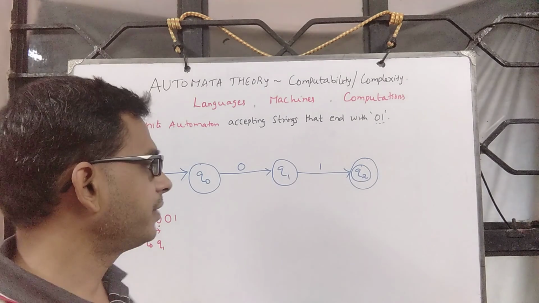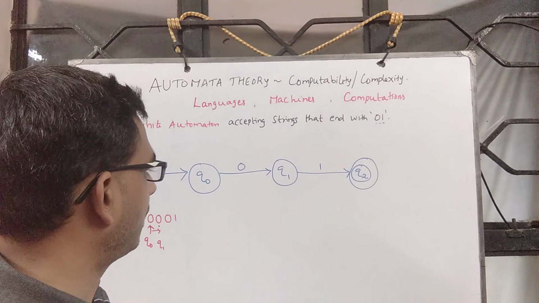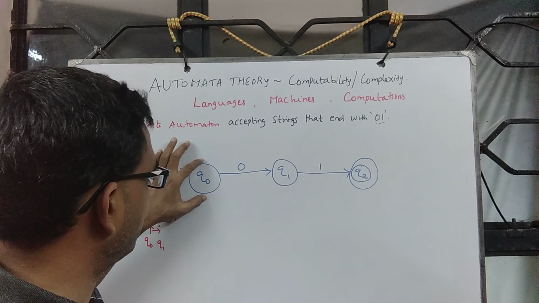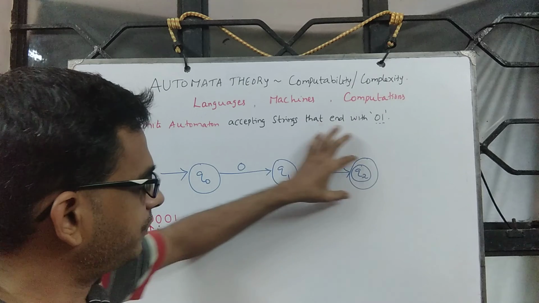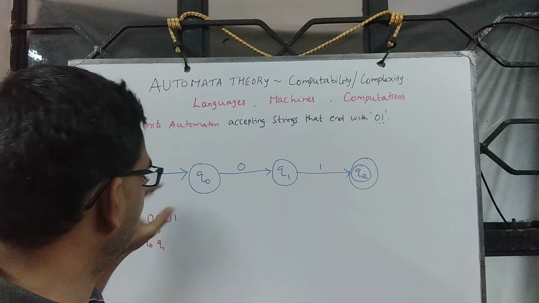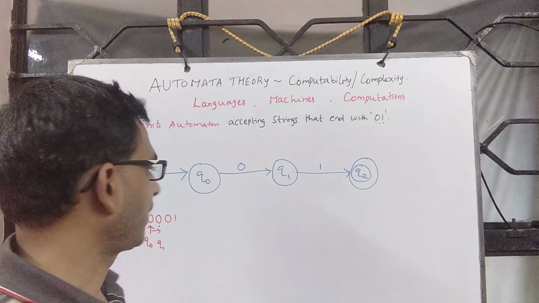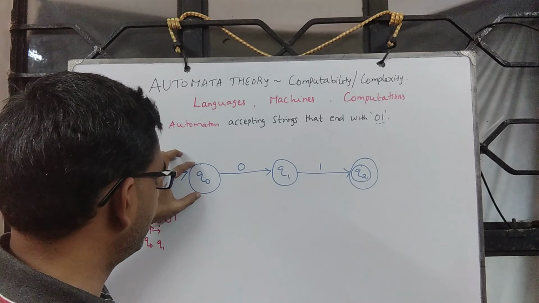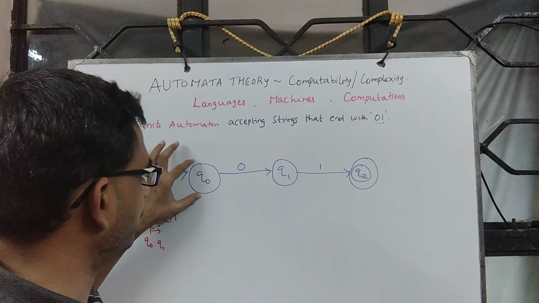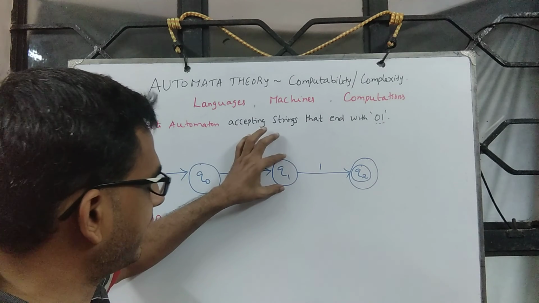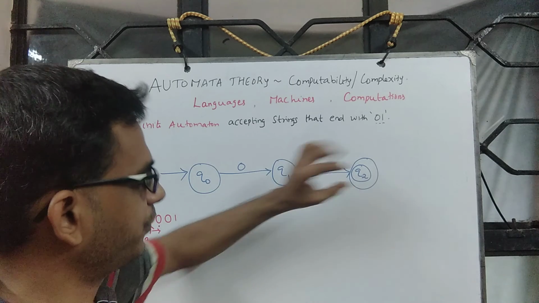So this tells you a larger message that one should define the transition from each state with respect to each symbol in sigma. Which means when I get 0, what should one do? When I get 1, what should I do? Similarly, when I get 1, it says you go to Q2.